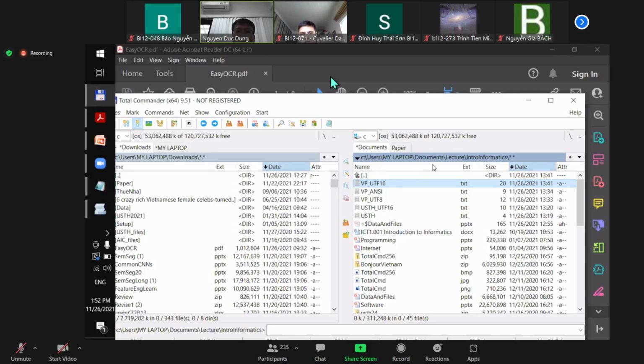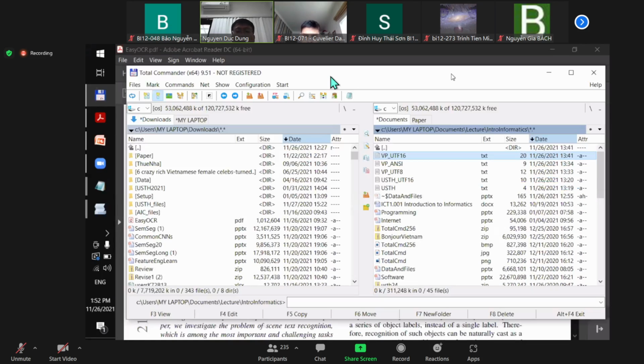So that's normal. That's why people require standards for storing data, and different standards or different encoding schemes could cause you some trouble in practice.